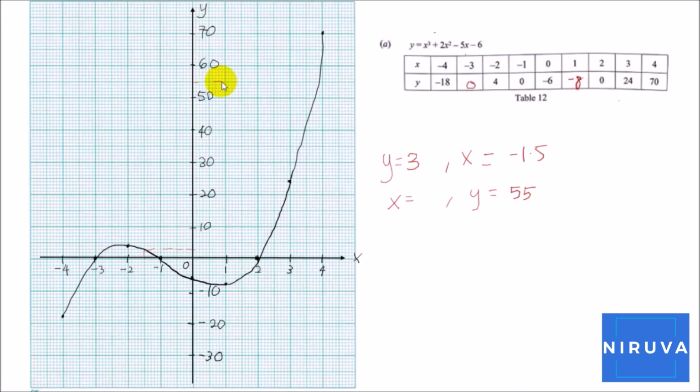So we're going to plot to the right. Make sure it touches the line. Okay, and then we're going to plot down to find the value of x. So it's around here. So okay, when we plot down on my graph, I have x is at 3.9.